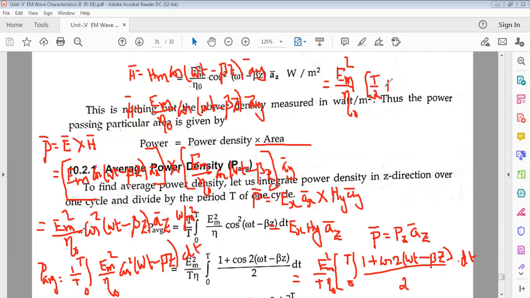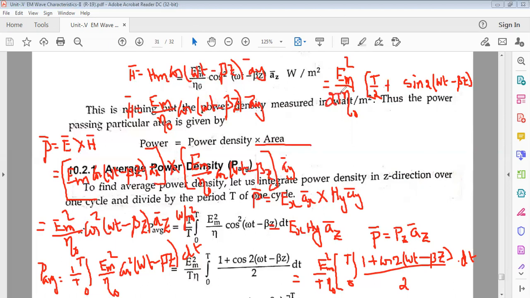T by 2 plus, for the second integral, we are applying with respect to t, the integral of cos is sine. So sine of 2 omega t minus beta z, and 1 by 2 is outside.